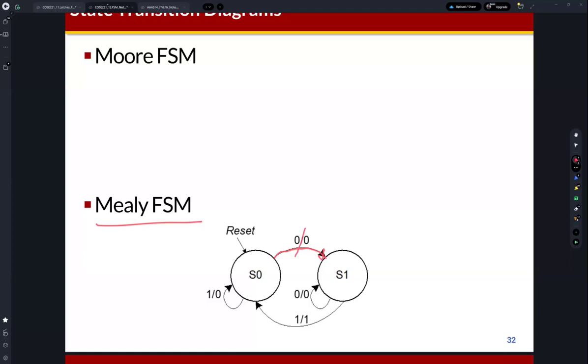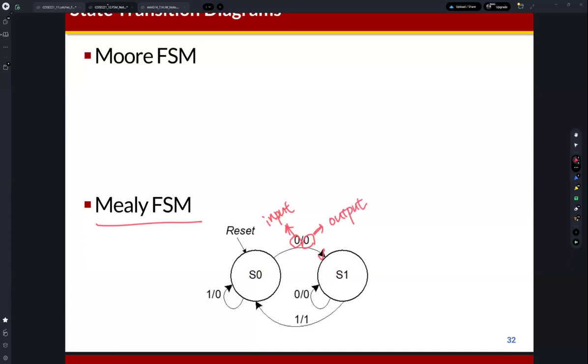So in a Mealy FSM, you can find the different signal is actually on the arc. So this represents the input. This represents the output.